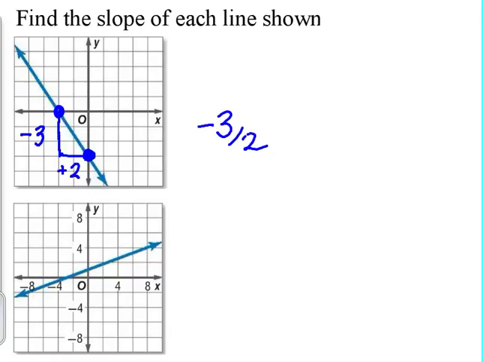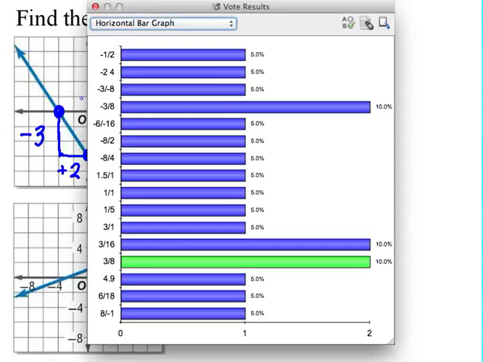How do you know where to go, over that way or down first? Oh, that's right. Okay, let's go. What do you mean? Just push send. Okay, the answer is 3/8.